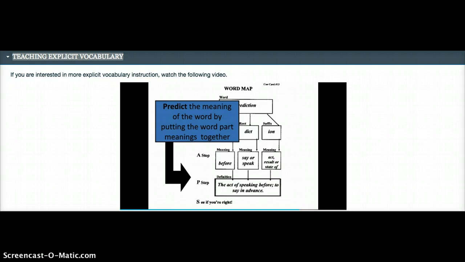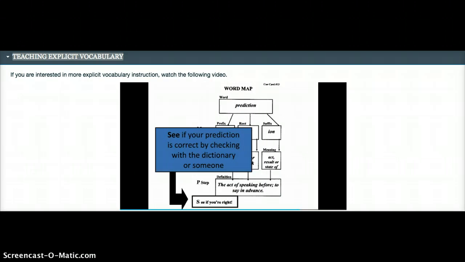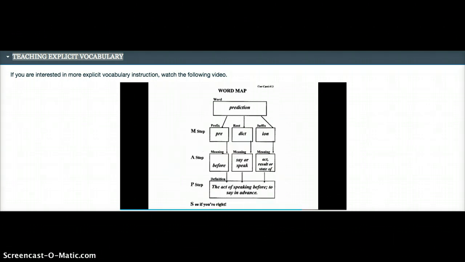And then we can finally see if they're right by checking the dictionary or asking someone, or checking Google, if you will. So again, it's a way to map a word by its parts, so that they might understand a word they didn't know before they did the map itself.